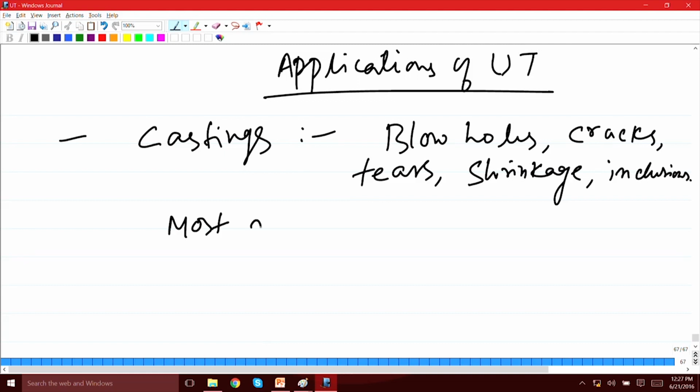But ultrasonic testing is most suitable for mill products, which are given some kind of shape by a metal forming process like rolling, forging, extrusion and so on. So, these are called the milled product.